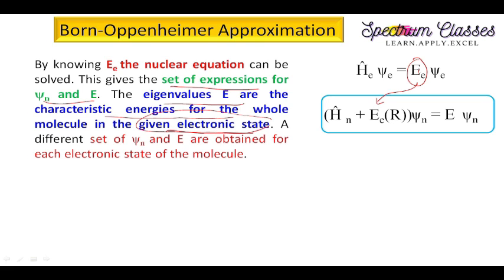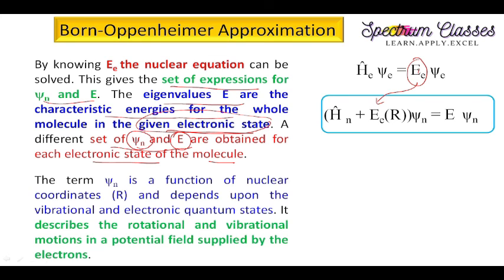This statement is important: a set of psi n and E are obtained for each electronic state of the molecule. So if our electronic state is fixed, we will get a set of psi n and energy eigenvalues.